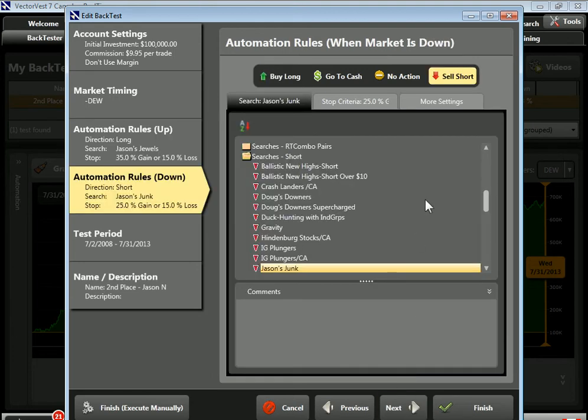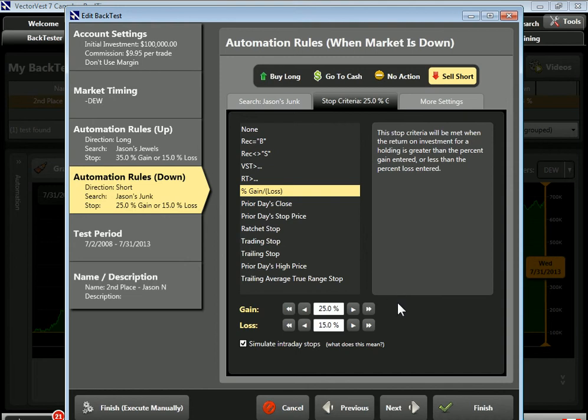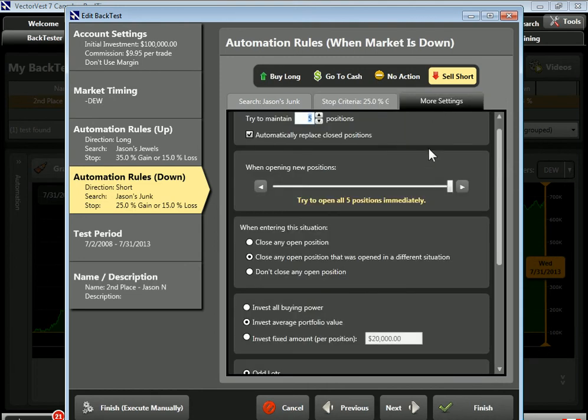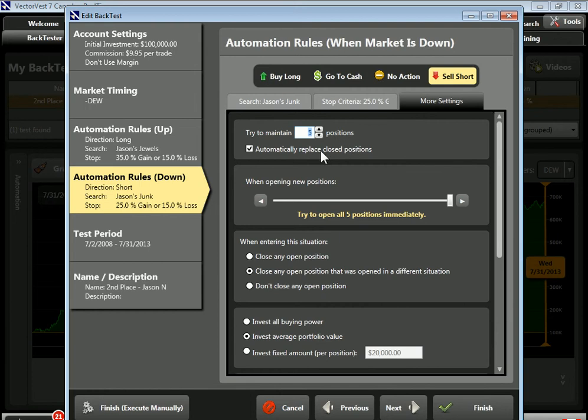For the automation rules for the DEW down situation, he wanted to sell short. He used Jason's Junk, his custom search, for the downside. He tightened up his stop a little bit. He wanted to take profits more quickly on his short position, so he used a 25 gain, 15 loss, also simulating intraday stops. On the downside, he only wanted to maintain 5 positions, automatically replacing closed positions.